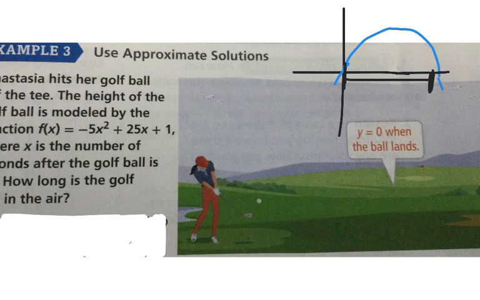Time starts at 0, right? If x is the seconds after the golf ball is hit, we want to start when x is 0. And then how long does it take for it to go back to have a y value of 0? Well, where does it happen? It happens somewhere between 5 and 6. You guys see that? At 5, the height of the golf ball is 1 foot above the ground.